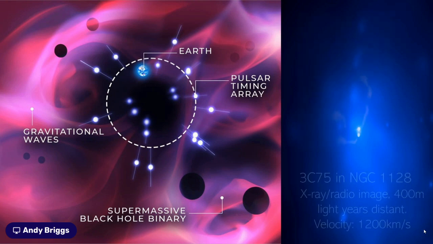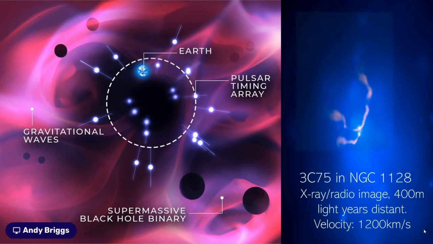If we add the radio data into that graphic, we can see the jets of material that the black holes are firing out across the universe. And they are swept back, if you like, in this combined radio and X-ray image, because the black holes are plowing through the interstellar medium at about 1,200 kilometers a second.